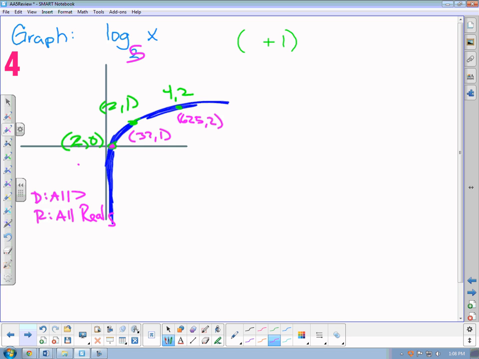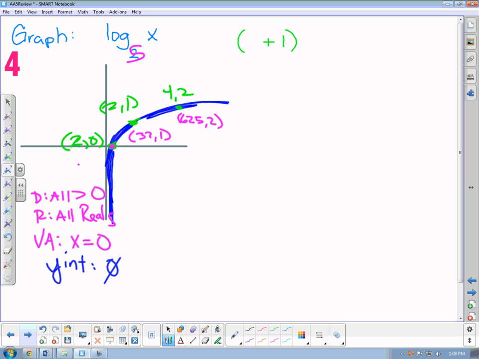And the domain is all x greater than 0. It has a vertical asymptote at x equals 0. And there's no y-intercept. And that concludes that part.